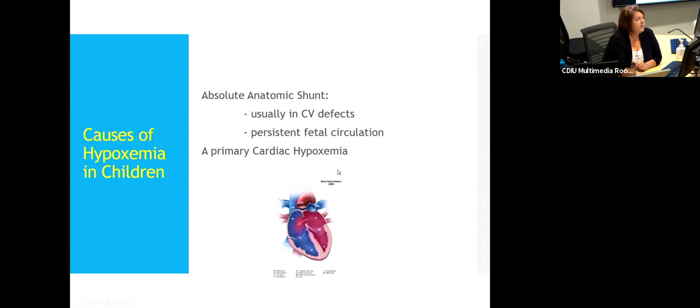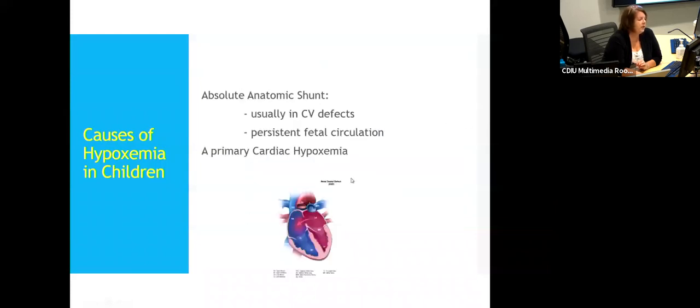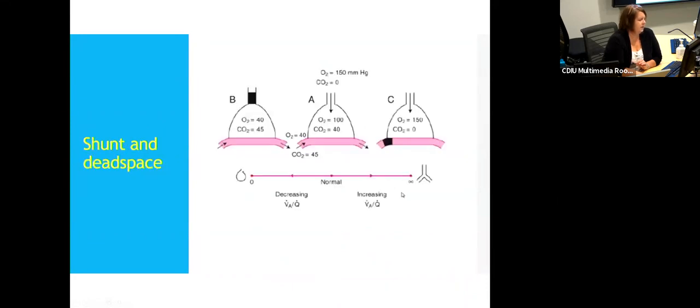So this is a primary cardiac hypoxemia. So all of the lung pathology gives you an absolute capillary shunt, which is a primary respiratory hypoxemia. And then when you start having anatomical shunts, those can be primary cardiac hypoxemias.